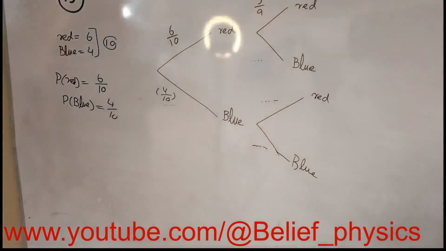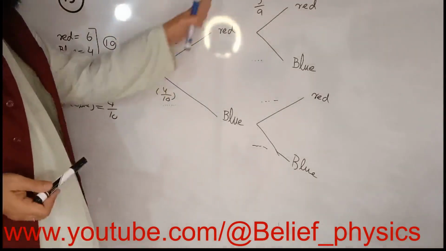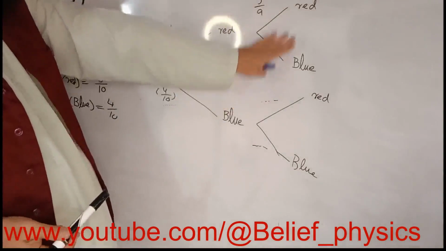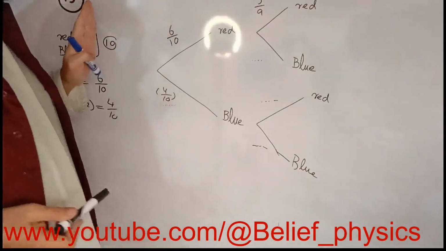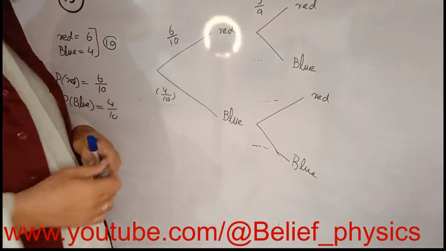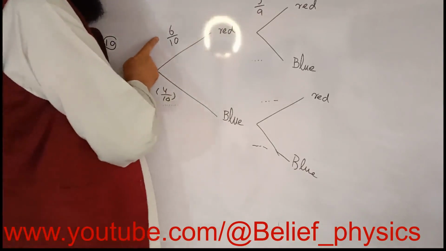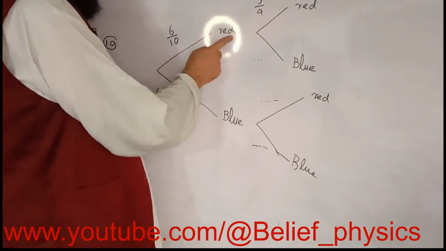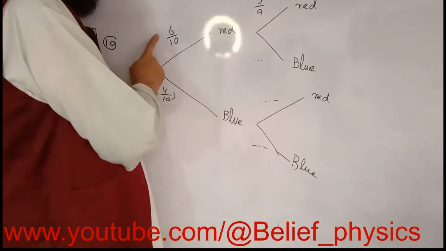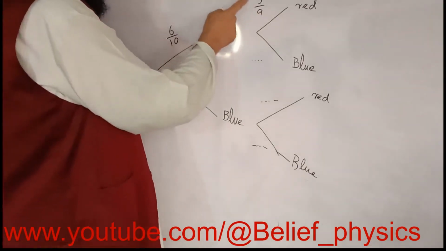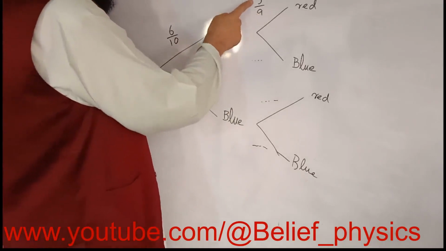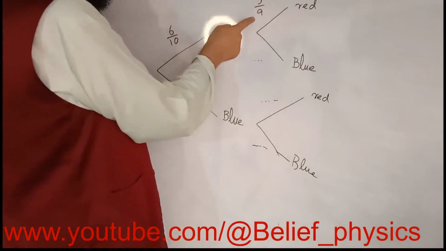Now look here. When we draw the second counter, the number of counters will become 9 because one has been drawn out. If the first counter is red, then how many red counters will be left here? 5. So 5 red out of 9, so the probability of red is 5 over 9 given here.